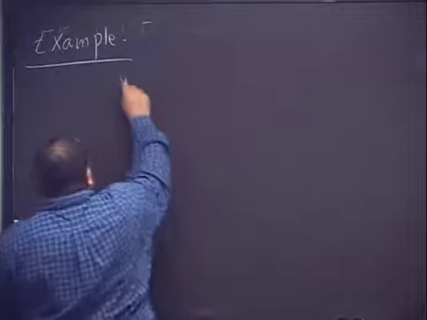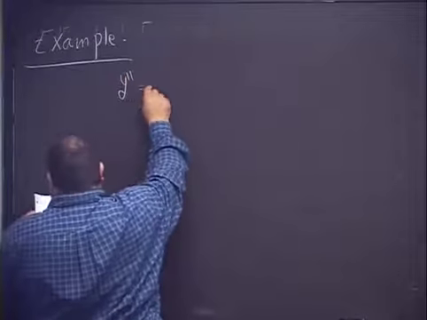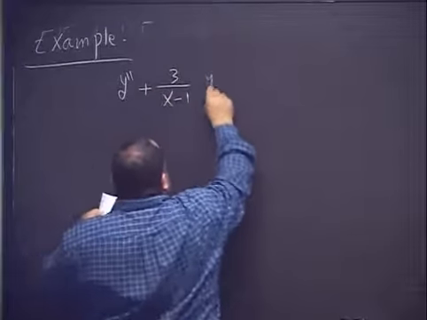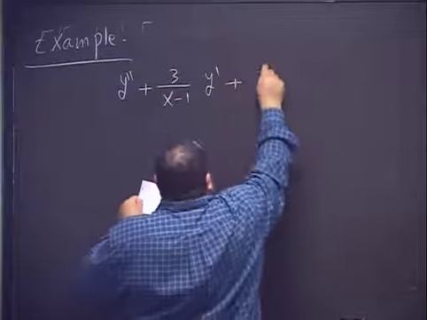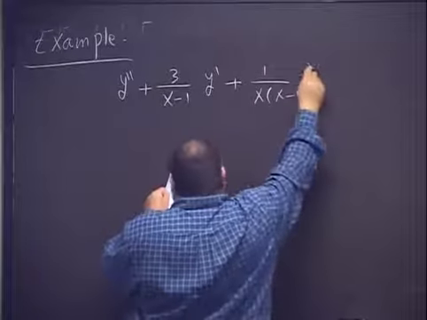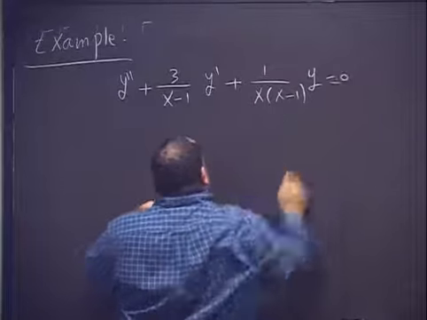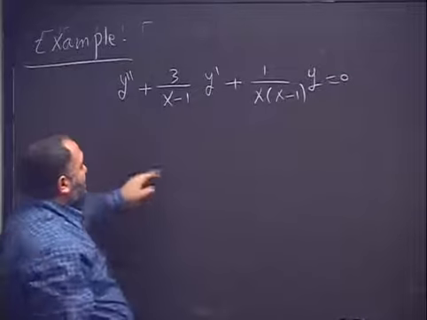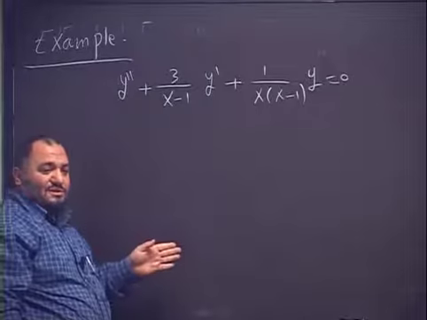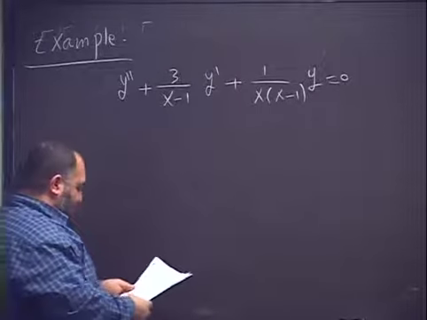So y double prime plus 3 over (x minus 1) y prime plus 1 over (x minus 1) multiplied by y equal to 0. Definitely there are 2 points, x equal to 0 and x equal to 1. Those are the 2 points.